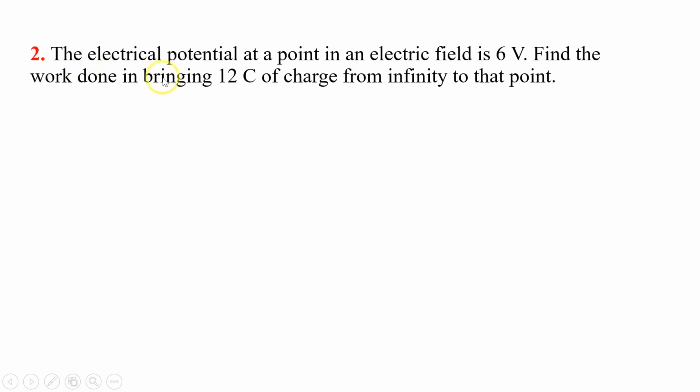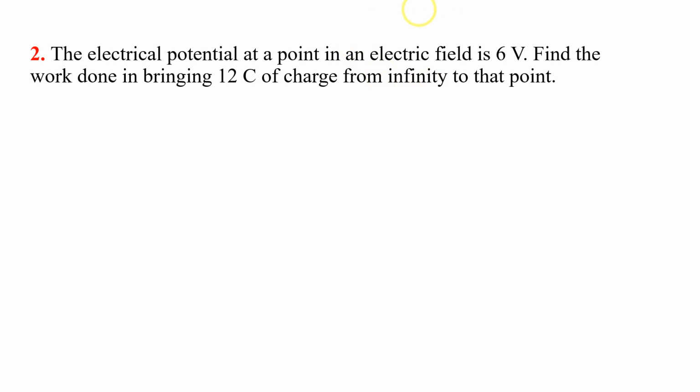Question number 2. The electric potential at a point in an electric field is 6 volt. Find the work done in bringing 12 coulomb of charge from infinity to that point. So you have to find the work done in bringing 12 coulomb of charge from a distant point to a particular point.